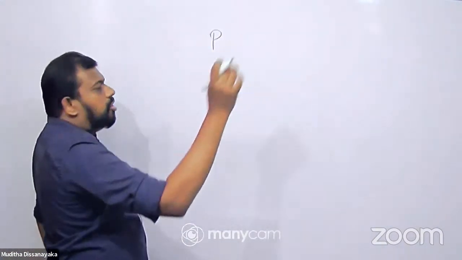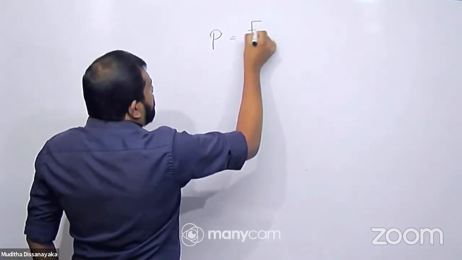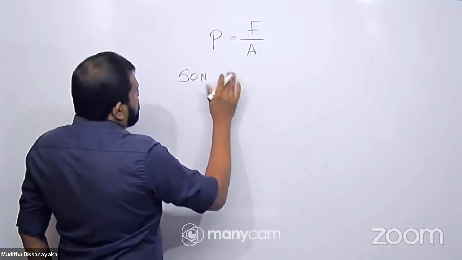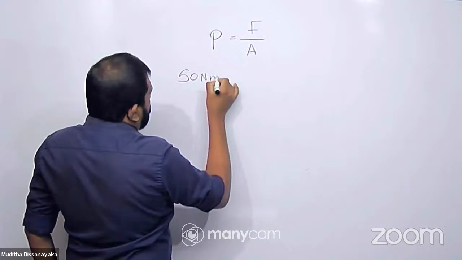Word equation means you should write the whole thing. Pressure equals force divided by area, P equals F divided by A. 50 newtons per square meter.